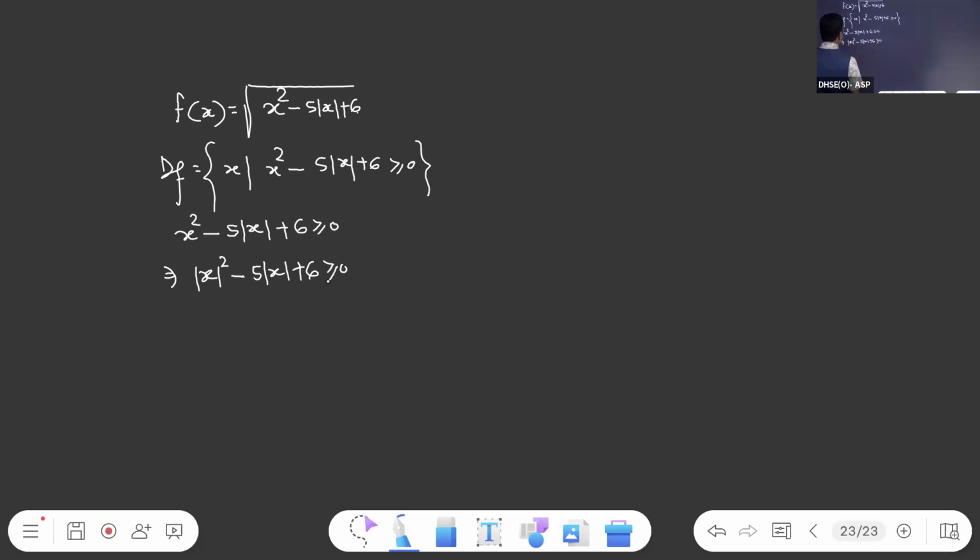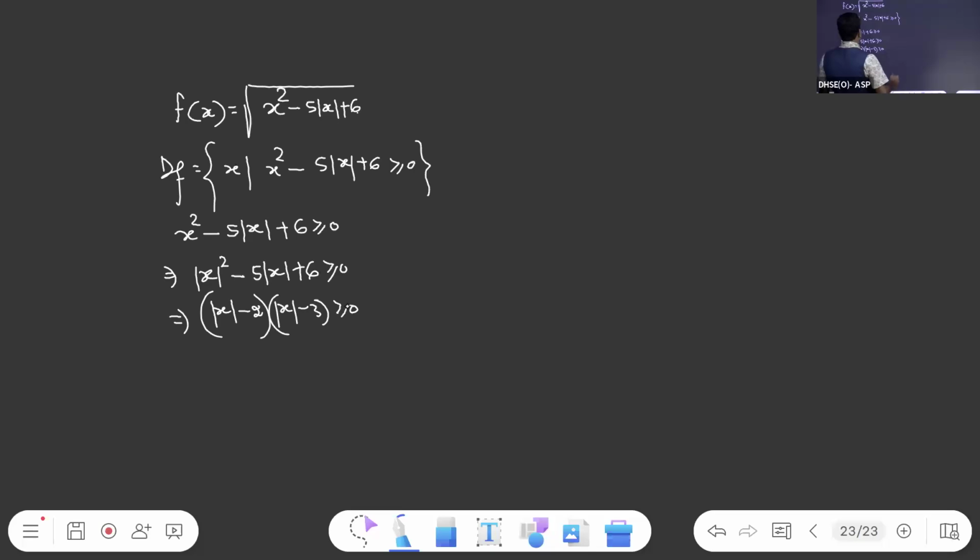If you consider |x| as y, then it will be y² − 5y + 6. If you factorize it, it will be (y−2)(y−3). So directly you can write (|x|−2)(|x|−3) ≥ 0.